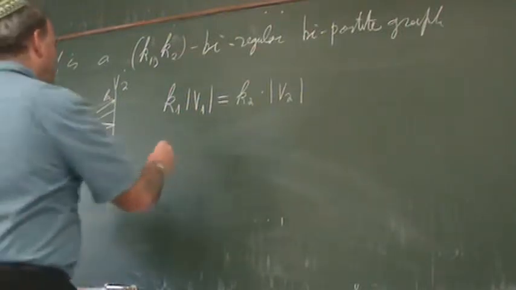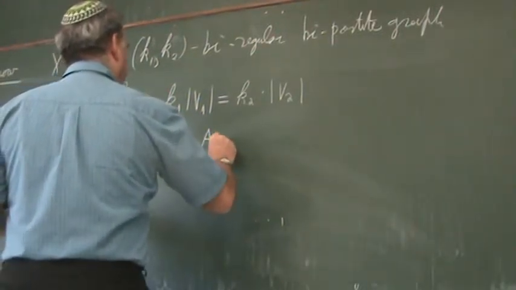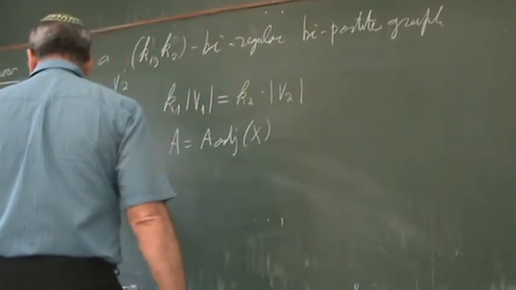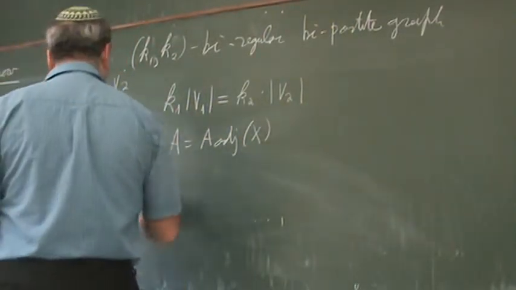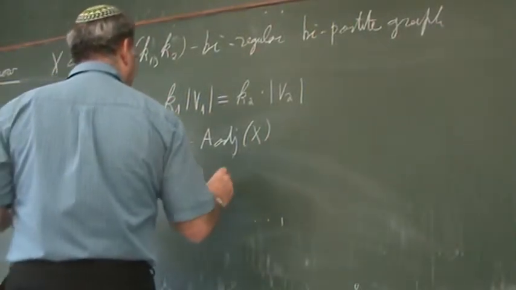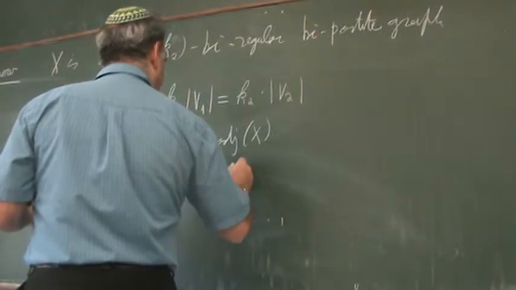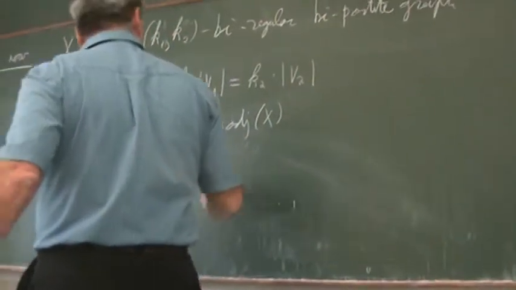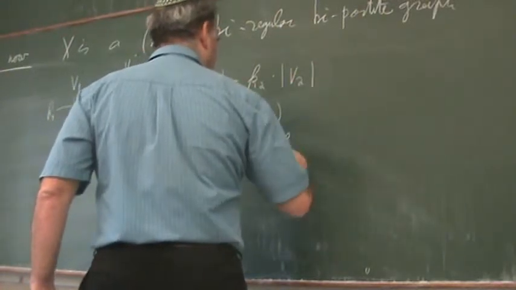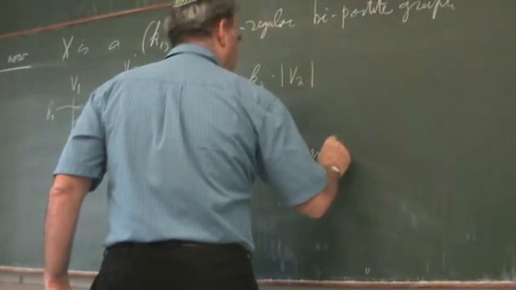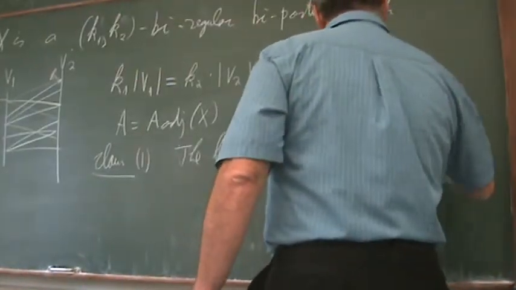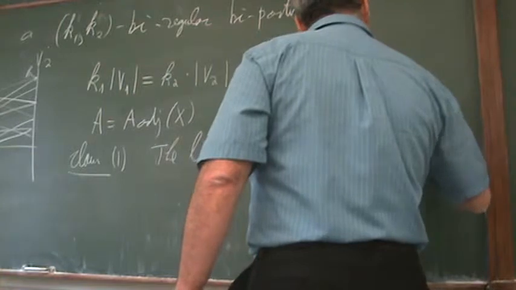So let A be the adjacency matrix of this graph. What can we say about it? Like, what is the largest eigenvalue? So here is one claim. The largest eigenvalue of A is the square root of K1 times K2.